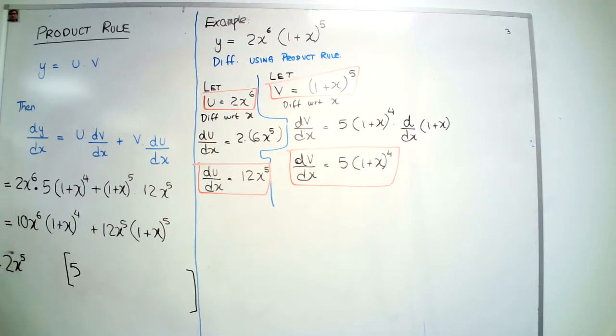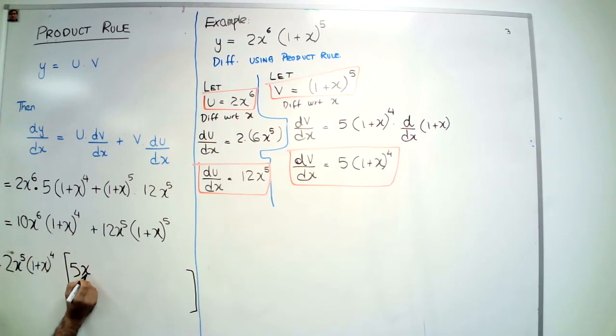If I take x to the power 5 common, this will become just an x, because there are 6 x's and I've taken 5 x's common. Now this is 1 plus x to the power 4, I can take that one common, and now there is 1 left.